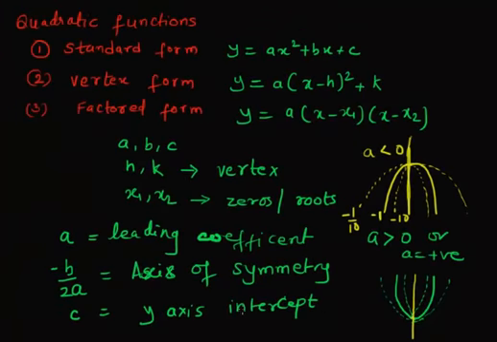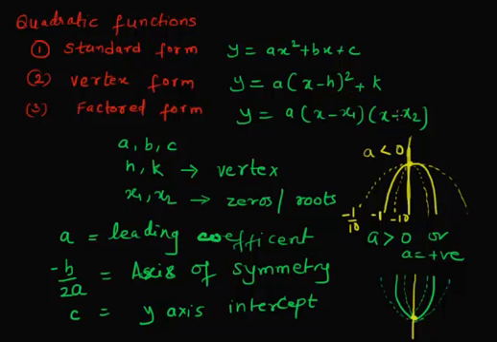So many things about the standard form we have learned here. Now the vertex. Vertex is the maximum or the minimum point. For the graphs which are open up, we have the minimum point, and for the graphs which are open down, we have the maximum point, which is given by the vertex h, k, which we get in the second form.